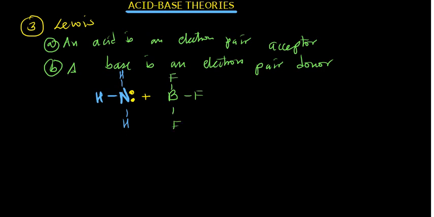What is going to happen is ammonia is going to donate its lone pair. This one doesn't bring anything. It's only ammonia which brings these two electrons, and both of them share the two electrons in this case, not the protons.